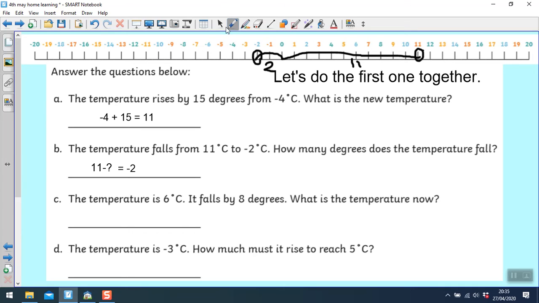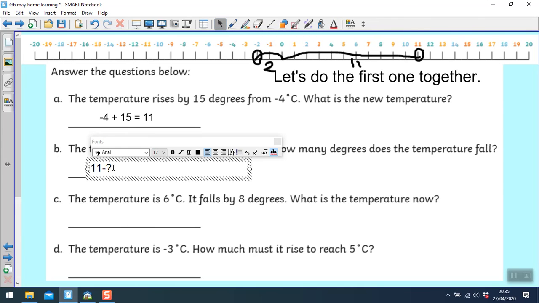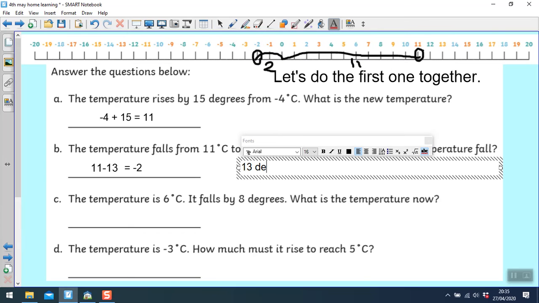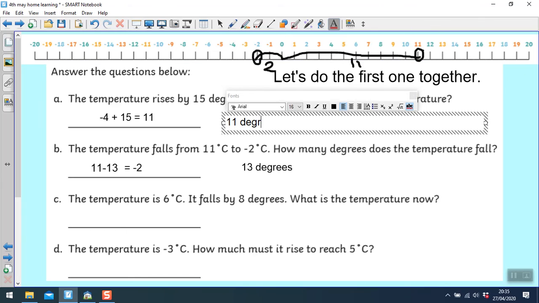So altogether I've taken away 13. So how many degrees does the temperature fall? It falls 13 degrees. What is the new temperature? 11 degrees.